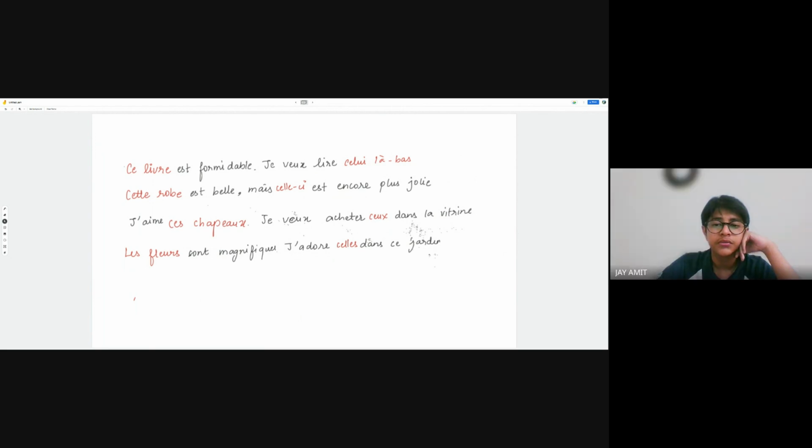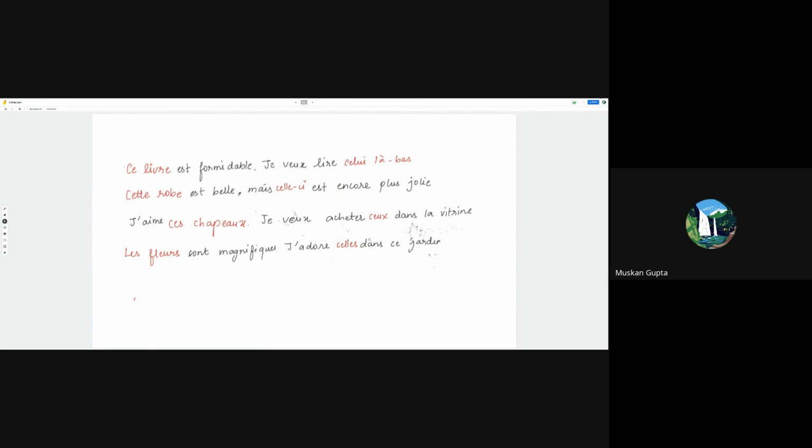So you're saying I like these hats, but I like the one in the showcase better. I'm still talking about the hats only. Similarly, "les fleurs sont magnifiques," the flowers are beautiful. I like the one in the garden. Generally, I like the flowers, I think they're magnificent, but I love the ones in the garden.